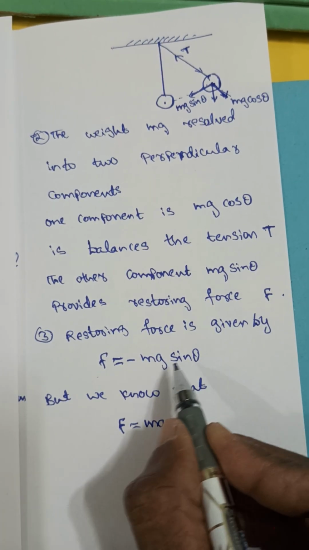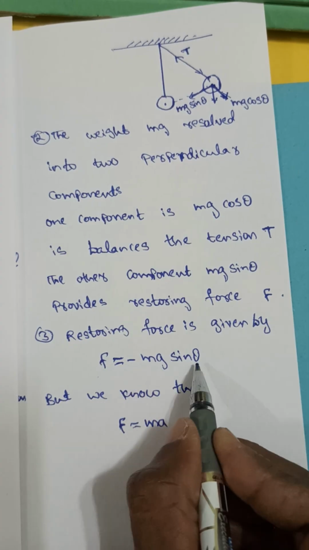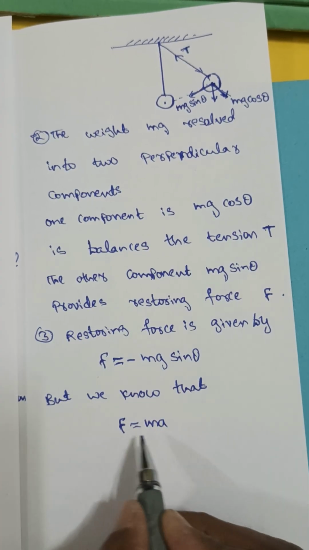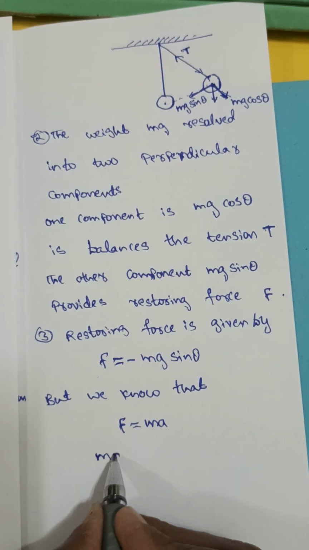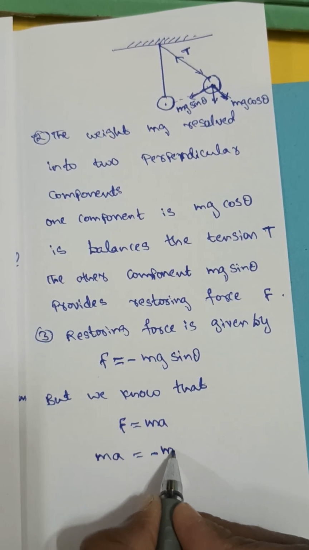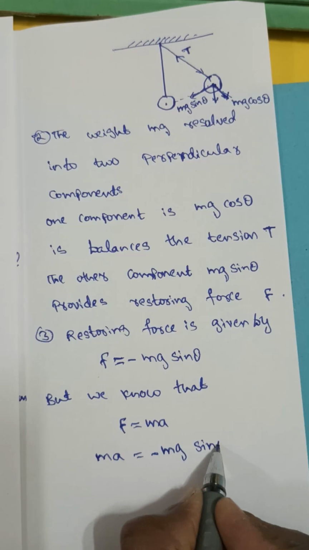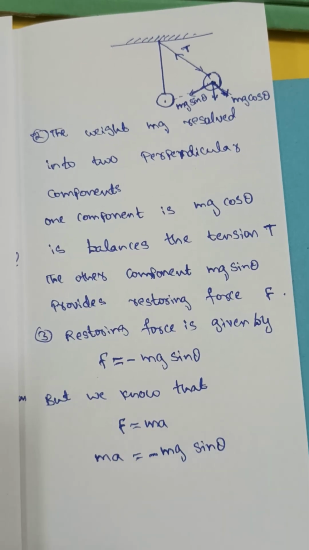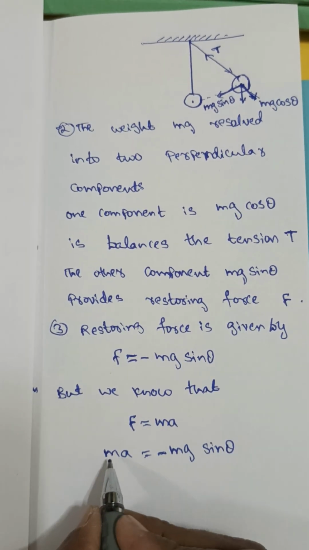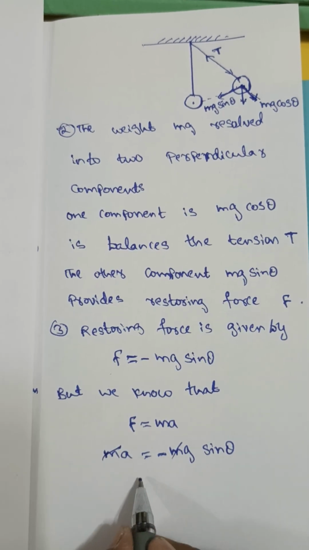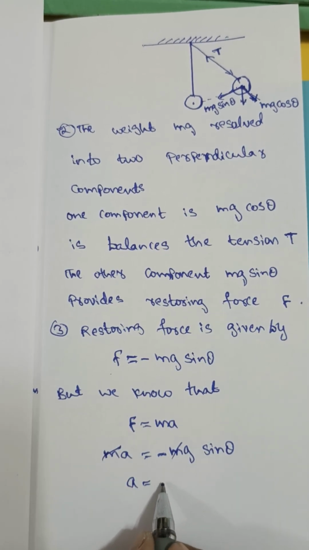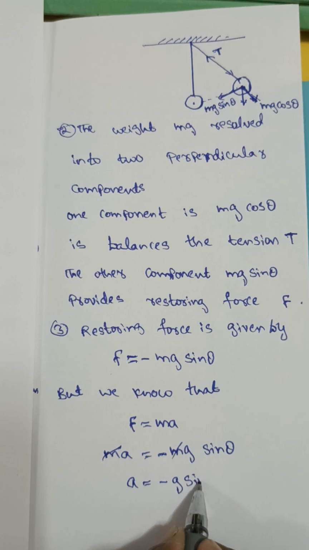Both are equal, so ma is equal to minus mg sin theta. Left side and right side m cancel, a is equal to minus g sin theta.